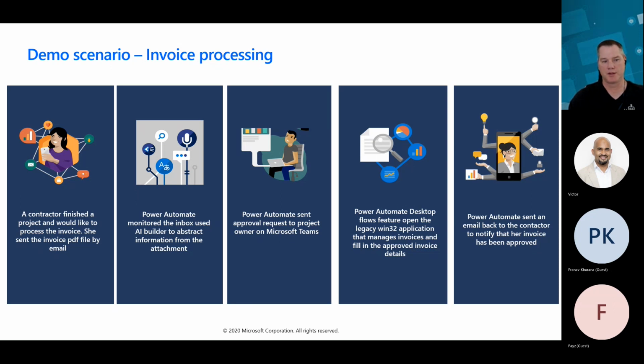We're going to want to ensure that the document has attachments, and then include those attachments as part of the process itself. So here we're going to loop through all of the attachments and then pass that content over to AI Builder, where AI Builder will extract those values and then give them back to us.